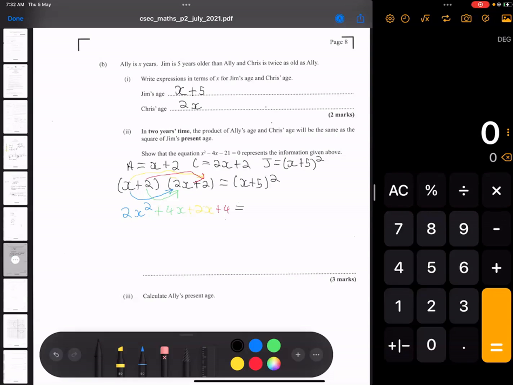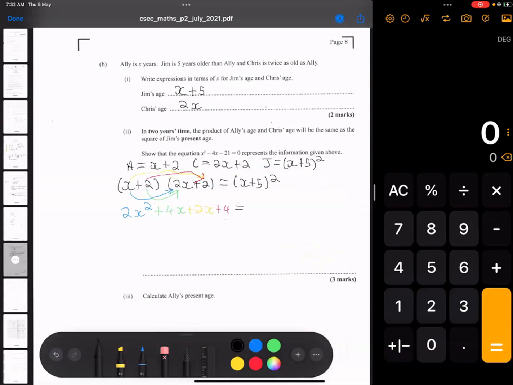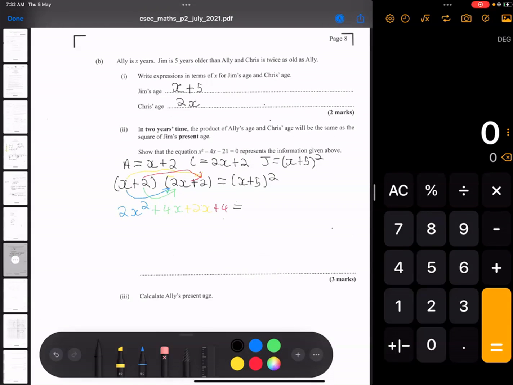So now on the other side, x plus 5 squared is going to be doing something similar, because we could rewrite this as x plus 5 multiplied by x plus 5. Alright.